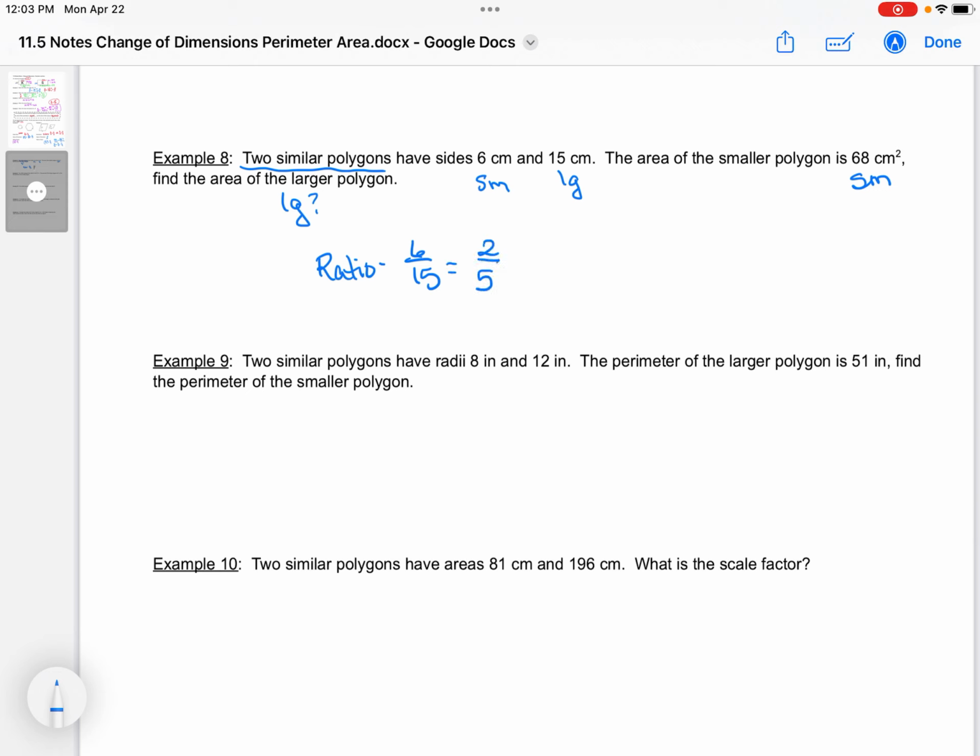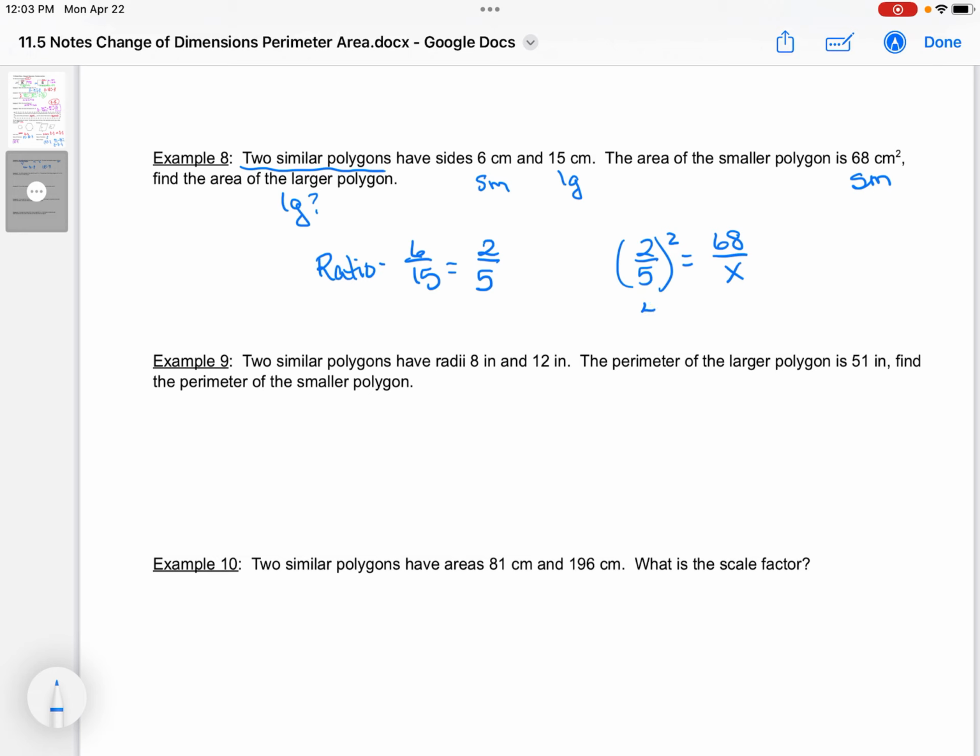Okay, so we're going to use 2 over 5 squared, which is going to be equal to 68 over the area of the large one. So we have to square it because the area ratio is squared.